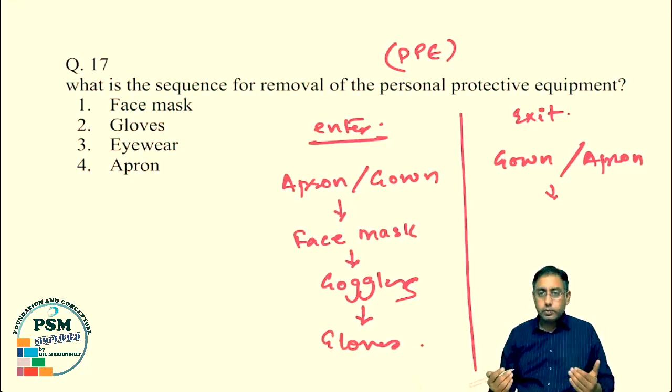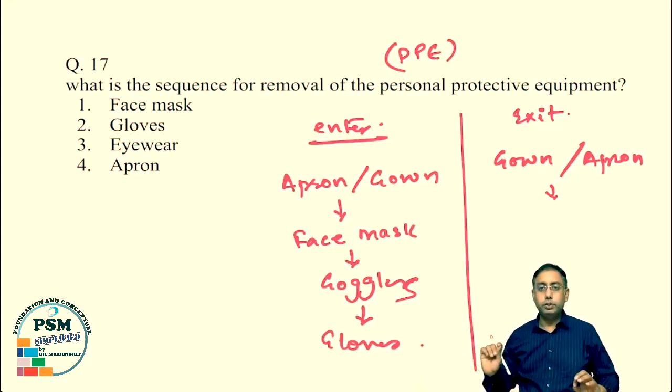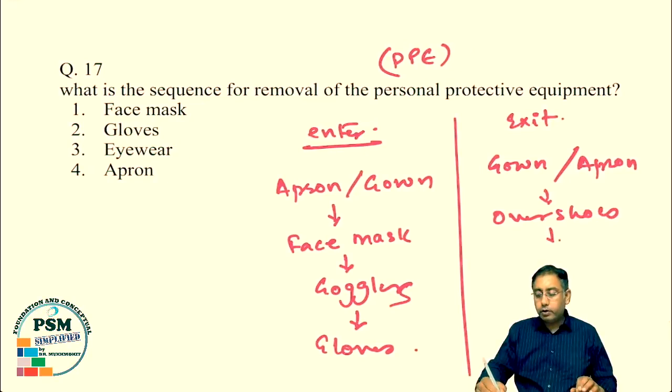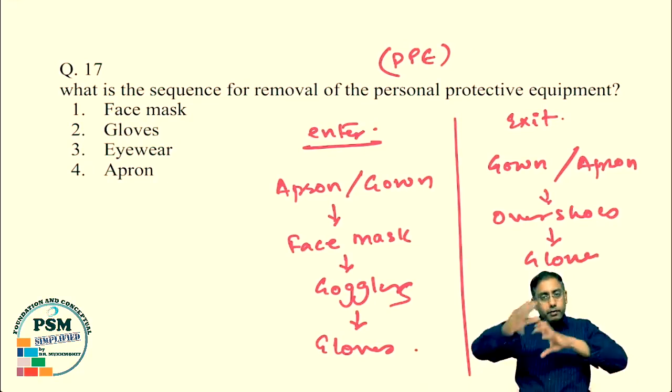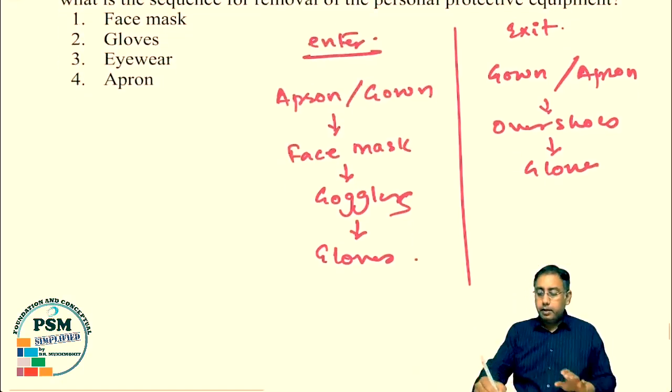In certain situations people are wearing rubber shoes or overshoes also. In those cases, you take off the gown, then you take off the overshoes, and then you take off the gloves. You wrap everything up in the same apron and you discard it. Then you do hand wash or hand hygiene.